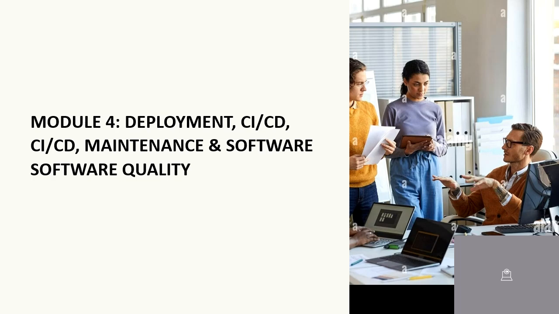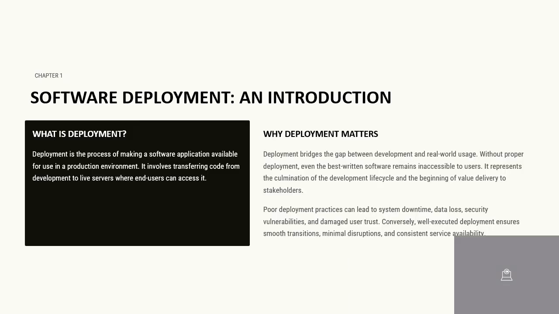So let's start with deployment. We'll move to slide 1. This tells you what a deployment is. Imagine that you develop a great application, but it stays only on your laptop.